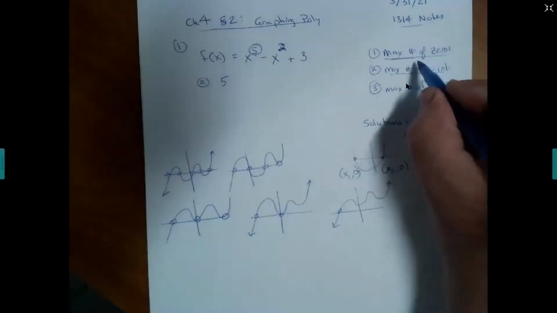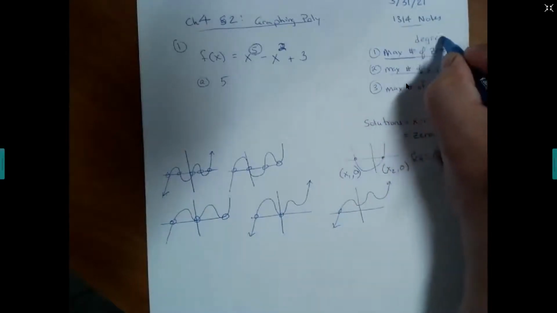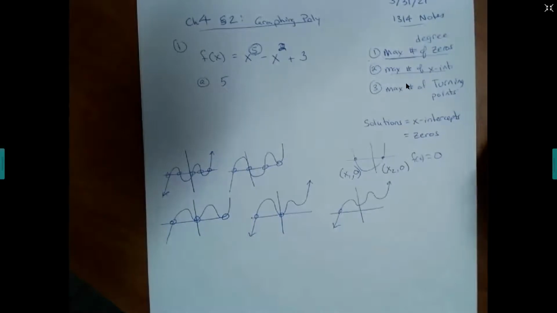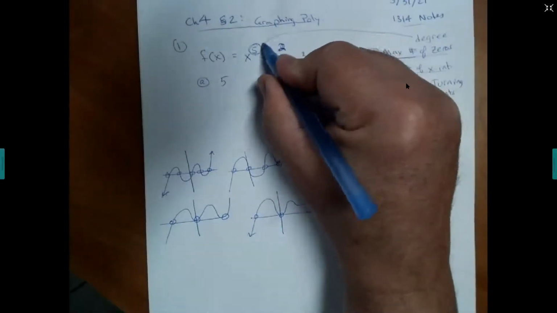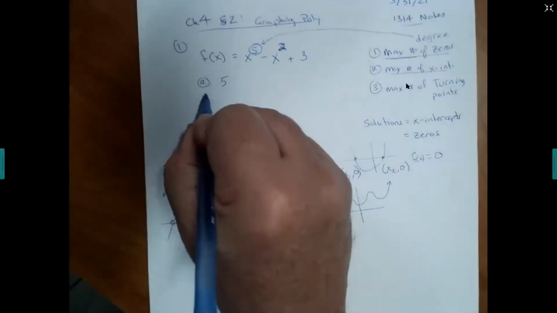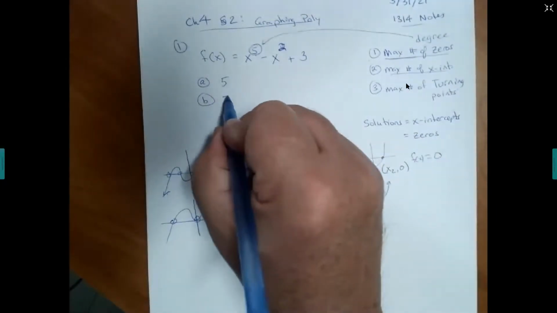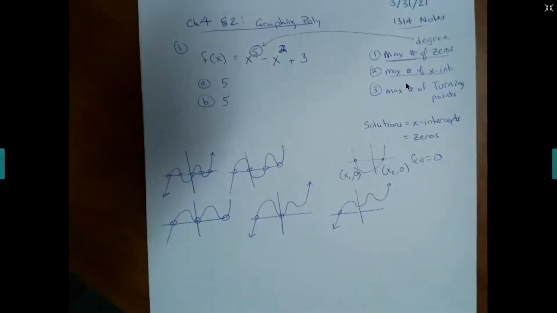So the maximum number of zeros is also the degree of the equation. The degree is the largest power. The maximum number of x-intercepts is the same thing as the maximum number of zeros, which is 5.